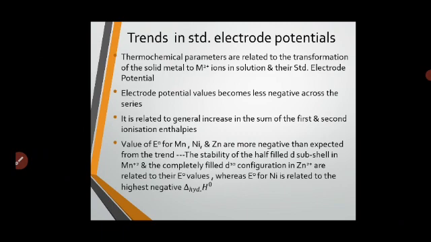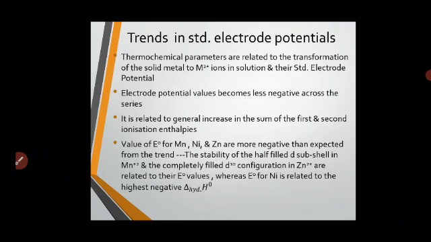Now the parameters related to this transformation are the thermochemical parameters, like the energy of atomization, meaning separation of the metal atoms, or else ionization enthalpy, that is, first ionization enthalpy and second ionization enthalpy.